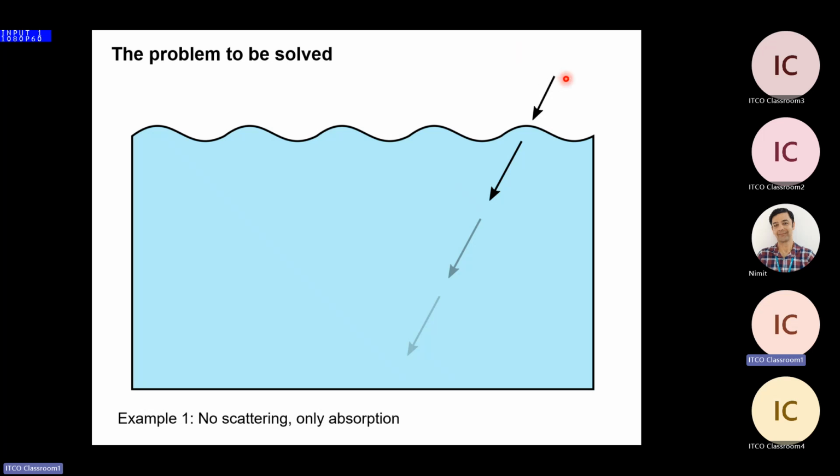In fact, you don't even need any absorption, because if there's no scattering, there's nothing to turn the light around and make it come back out. But in this case, we've only got absorption. So imagine light traveling in a certain direction, and it just gets less and less as it's absorbed, as it goes forward along its path. And the rate of absorption here is governed by the absorption coefficient, a.